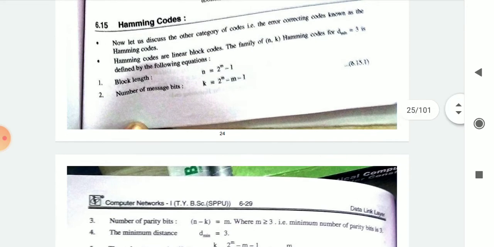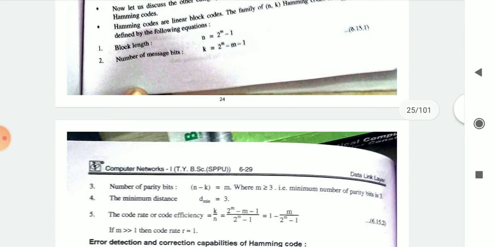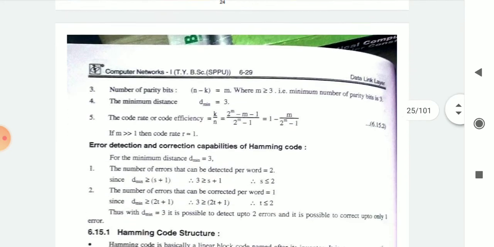Afterward, Hamming codes. Let us discuss another category of code, that is error correcting codes known as the Hamming code. Hamming codes are linear block codes. The family of (n,k) Hamming codes for d minimum equal to 3 is defined by the following equations, with block length n equal to 2 raised to m minus 1 and number of message bits k equal to 2 raised to m minus 1 minus m.